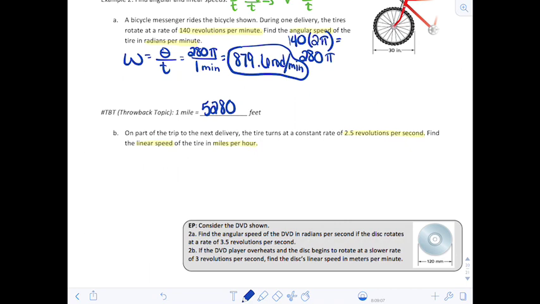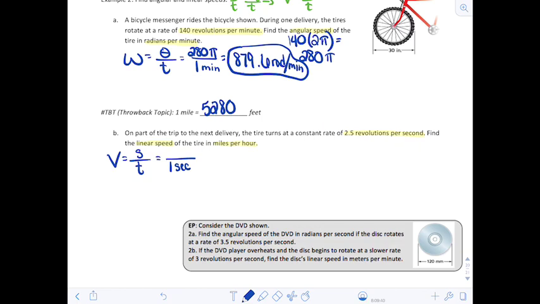So if they want linear speed, well, the formula for that is velocity equals s, or arc length, over time. The time they give us is 1 second, 2.5 revolutions per second. So the time is just 1 second. But s, my arc length, that might be something I have to find, because I only have that it's 2.5 revolutions, but the radius has to be taken into consideration.